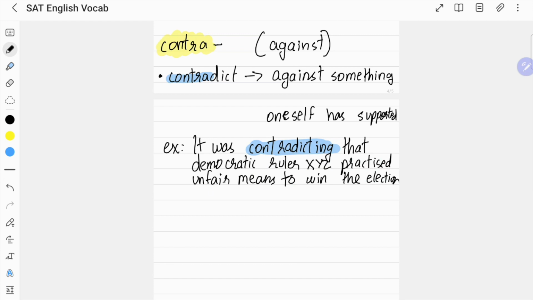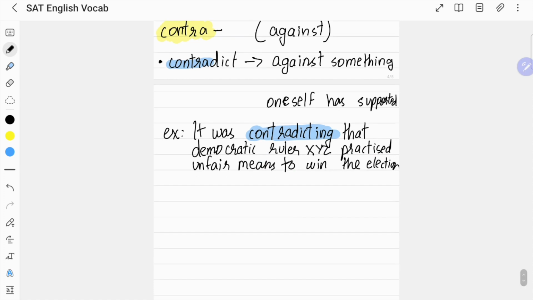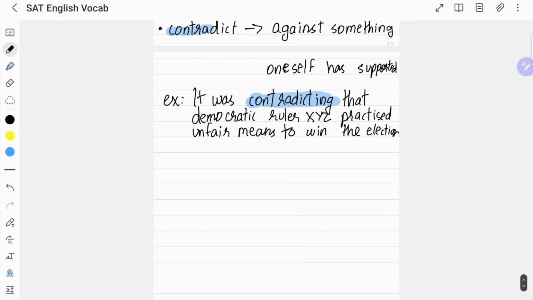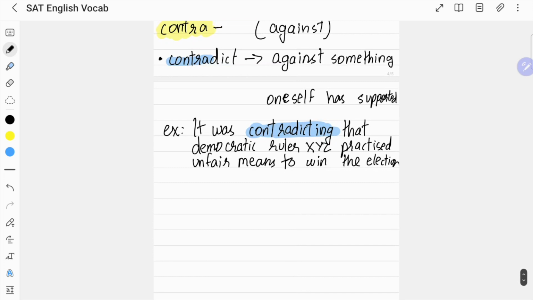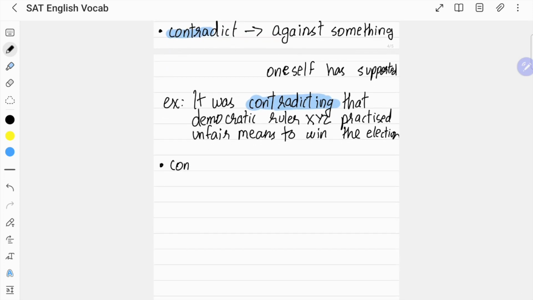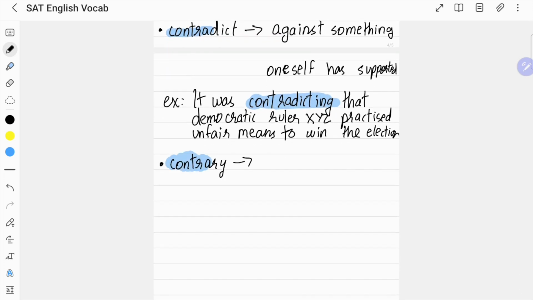But this person used unfair means, which is contradicting towards one's democratic behavior. Okay, so we can't call this person a democratic ruler. So it's quite contradicting. Let's use another word, contrary, which means an opinion against a majority.